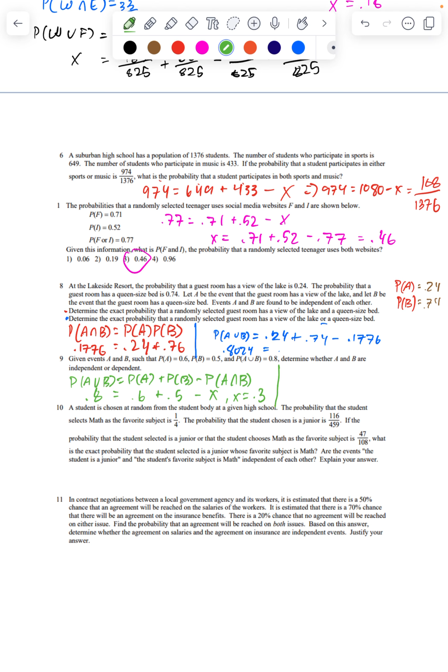All right. Well, now that that's out of the way, now let's determine if they're independent or dependent. All right, let's do that.